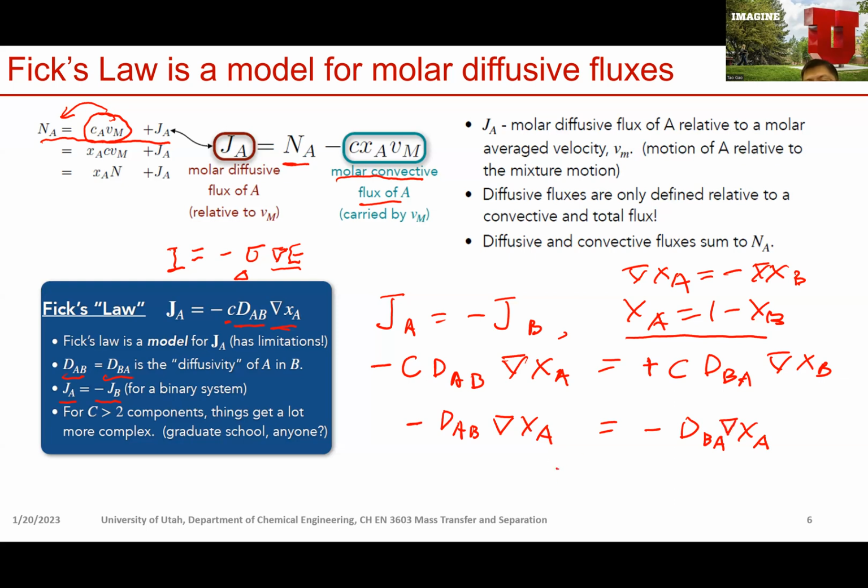Then DAB equals DBA. So mathematically, you can just prove it. That just means basically, in a binary mixture, the mean free path of A is the same as the mean free path of B, or the speed of A moving in B is the same as the speed of B moving in A, right?